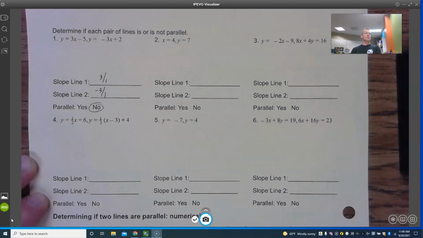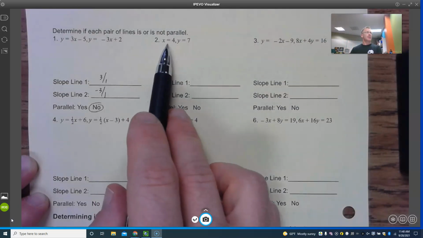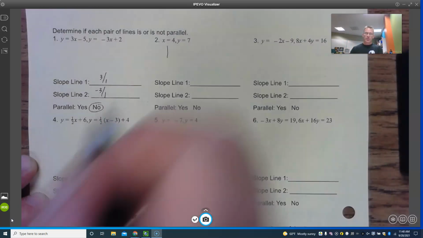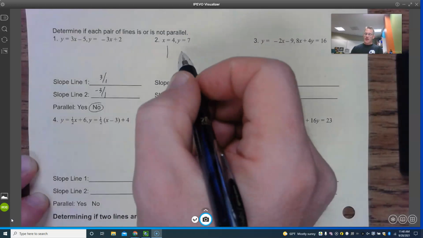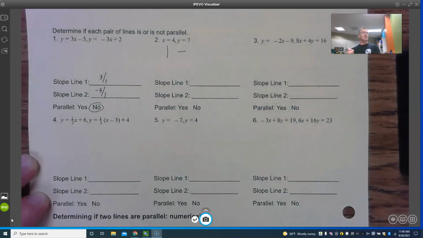Let's move to problem 2. Now, these are special situations, and you have to have a little bit of recognition for these. So remember, x equals 4 is a vertical line. And so we know it's going to be vertical. Y equals a number is horizontal. If you remember that, you should know that they can't be parallel, because if they're horizontal and vertical, they're going to intersect eventually.